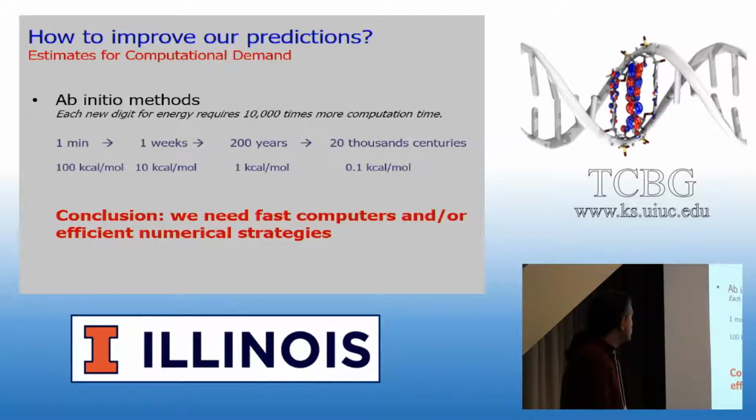But how to improve our predictions? Let's do some estimates for computational demand. If you want to get a better prediction, you need to choose a method that costs 10,000 times more in computational time.